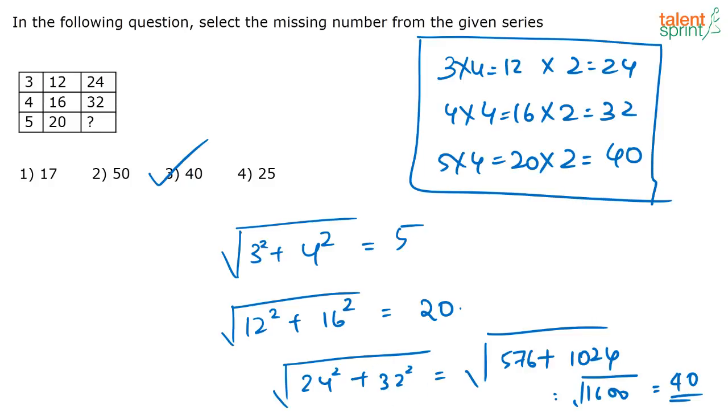This is going to take a bit more time. So both are correct. I have used the logic of Pythagoras theorem here. You can also do the into 4 into 2 logic. So let's move on to the next question. Is it clear, all of you?